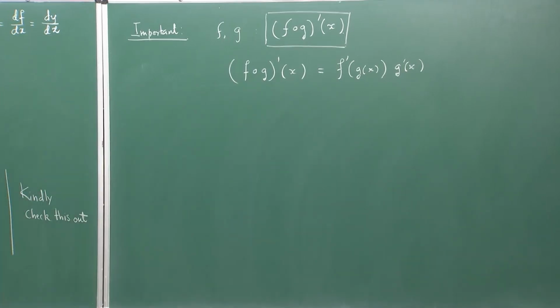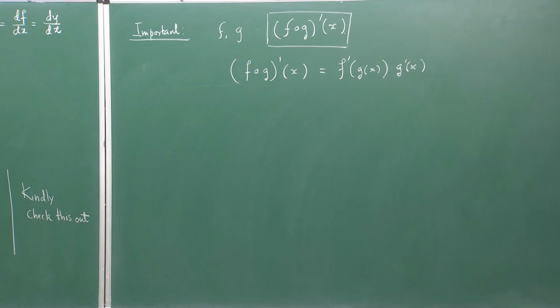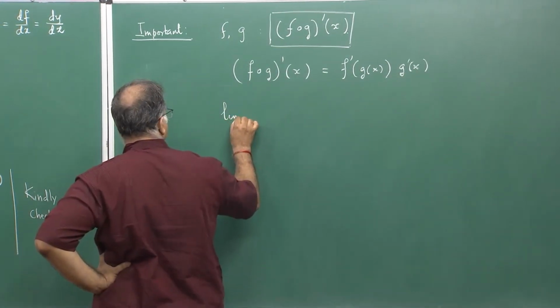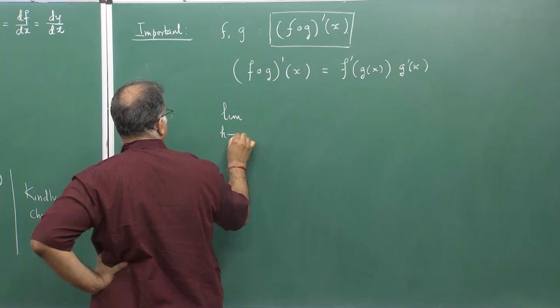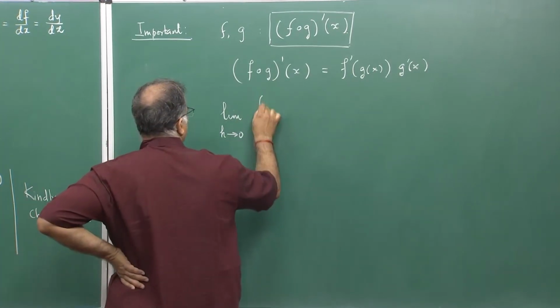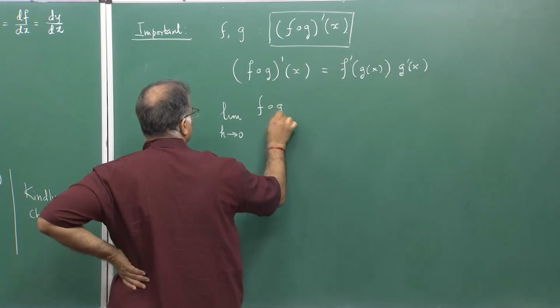So, how does this formula arrive? You can say, oh, I can just write down the limit and do something. So, I am computing it at some a, say.